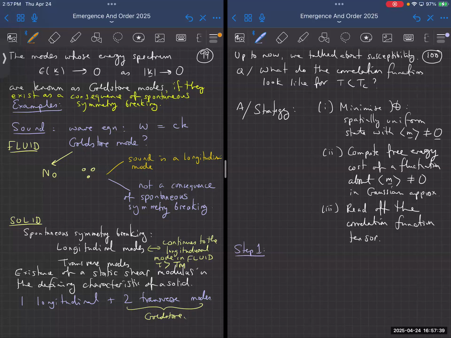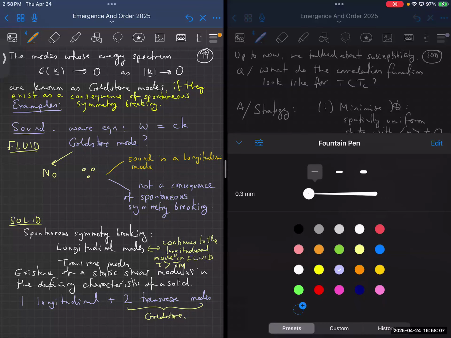Step one is I just look at the potential, which I call V of S. I'm going to write it in Einstein's summation convention: r naught S alpha S alpha plus 1/4 u naught, and then S squared, so S alpha S alpha, S beta S beta. That in summation convention is what the potential looks like.